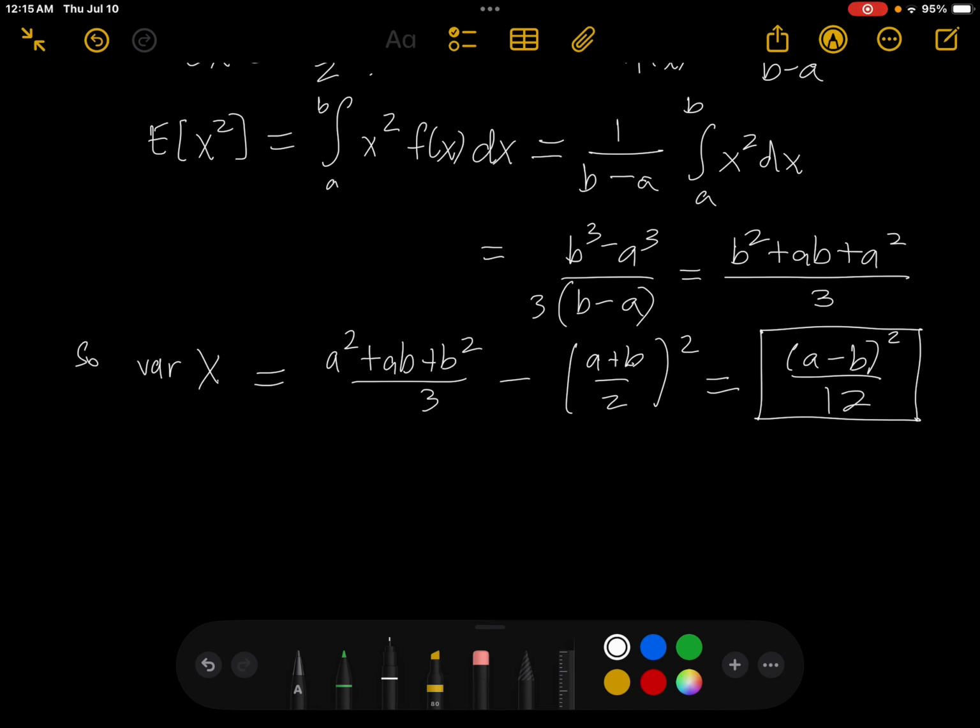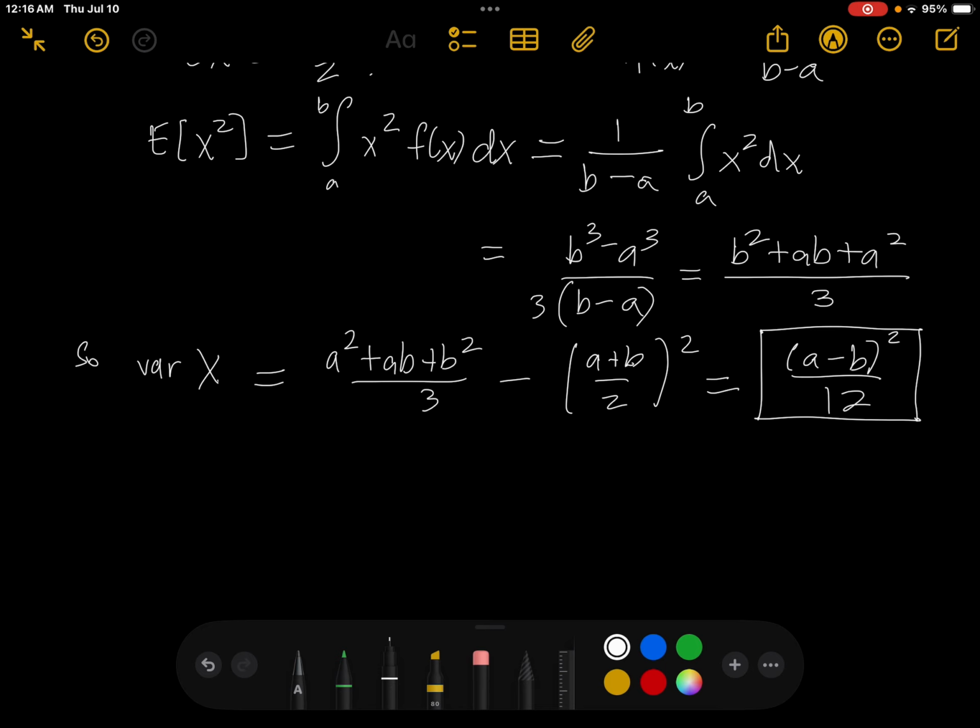If you double the length of the interval, then the variance will be multiplied by a factor of 4. You can see this because if you change a minus b to 2 times (a minus b), then the 2 gets squared, and you get 4 times (a minus b) squared over 12. So if you multiply, in general, the interval length by c, then the variance gets multiplied by c squared.